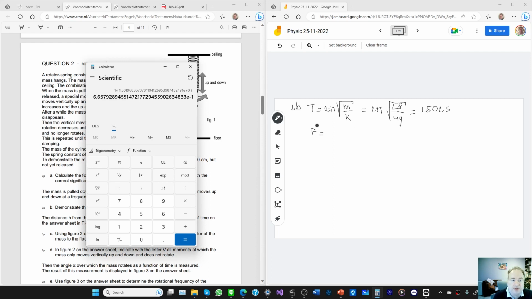It's 1.5 seconds. So that's 6.7 times 10 to the power minus 1 Hertz.